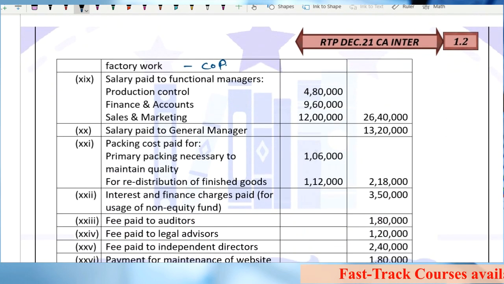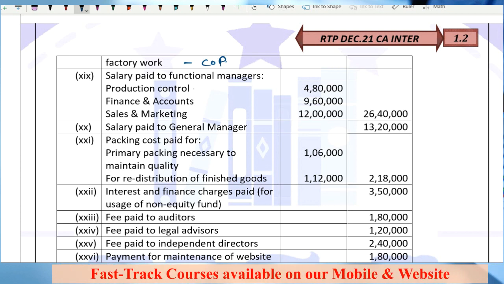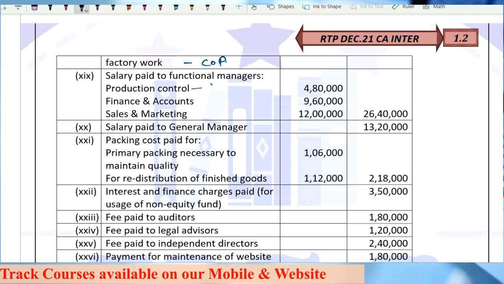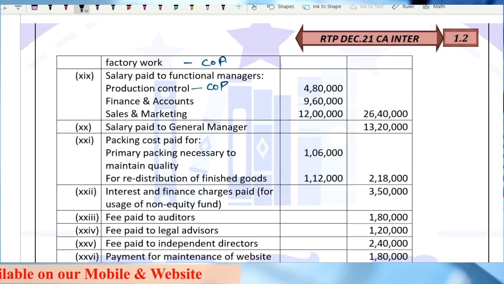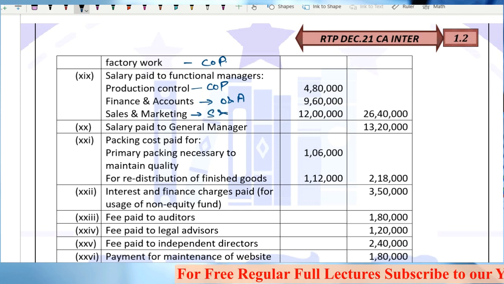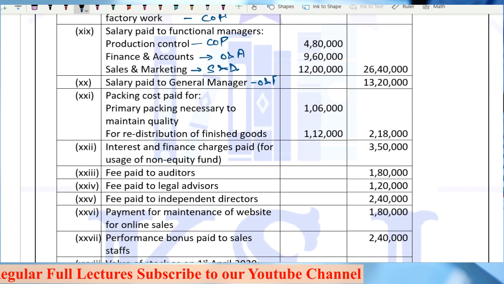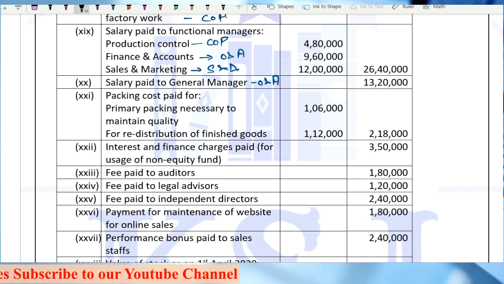Then salary paid to functional managers, production control manager, it will be what? Cost of production, because he is controlling the production, it is not a factory cost, it will be added in the cost of production. Finance and accounts, office and administration cost; sales and marketing, selling and distribution cost. Salary paid to general manager, again office and administration cost, all this is general.